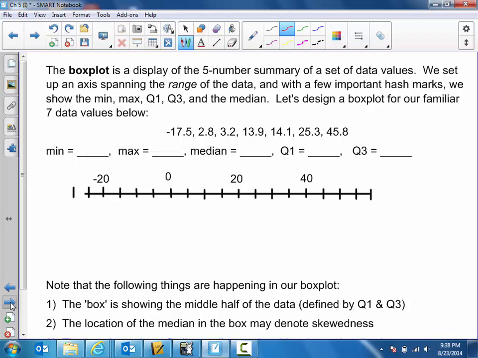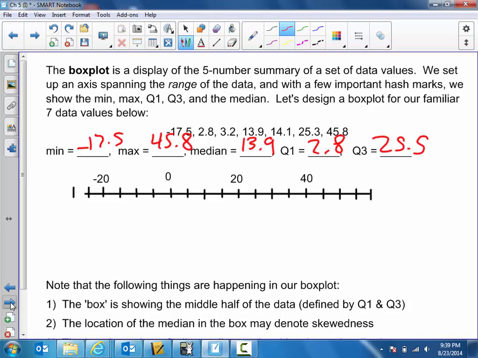All right, so with this same data set we've been looking at the past few slides, I think it's helpful to keep things consistent. We've got the min of negative 17.5, max of 45.8, median of 13.9, quartile 1 is 2.8, quartile 3 is 25.5. Alright, so how does the box plot work?